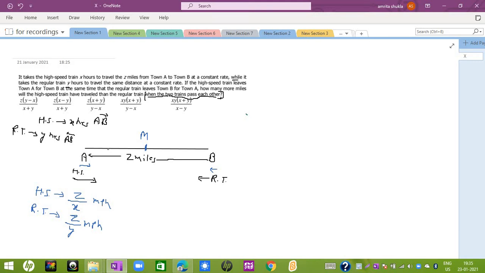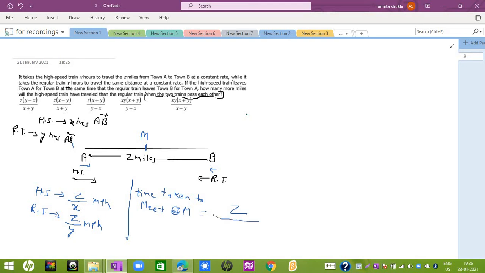So what is going on here? Since both of them are traveling in opposite directions, let me write it like this: time taken to meet at point M. When they meet here, together they are going to travel Z miles, since they are coming from opposite directions.